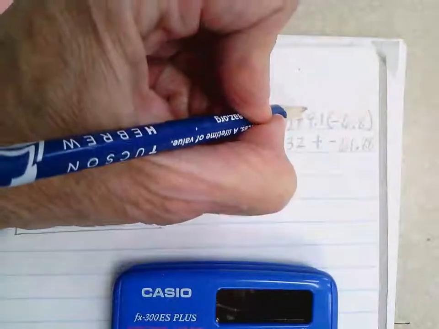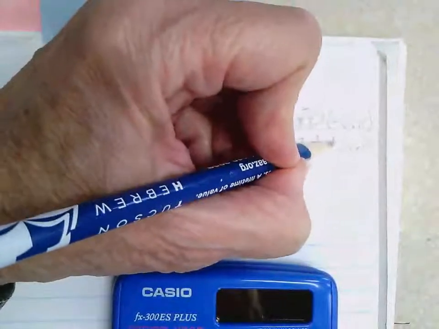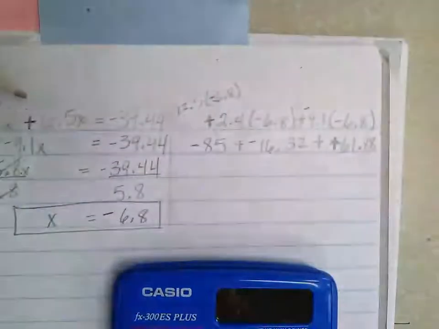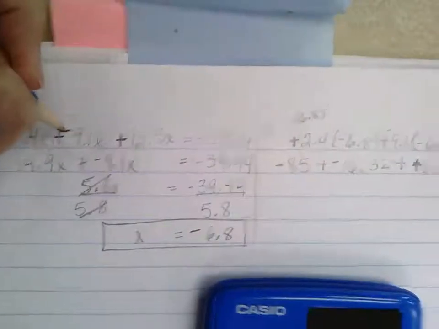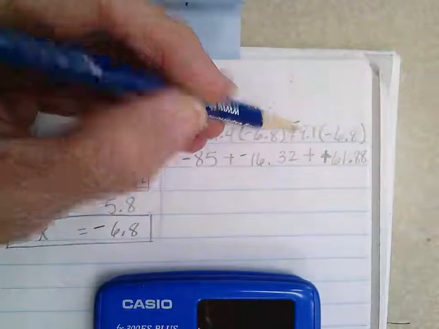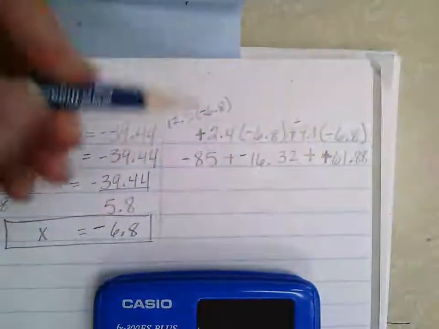Oops, this was a negative. I knew that wasn't right. My -9 right there, I didn't have my negative sign in front of it, so this ends up being positive.